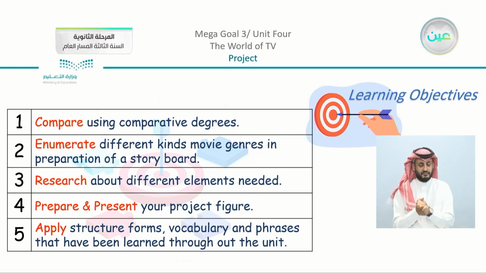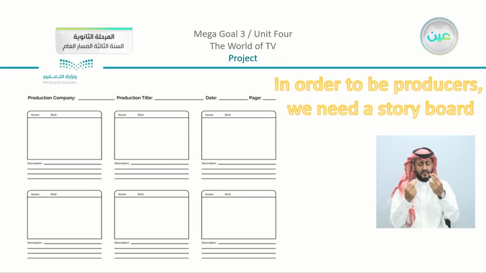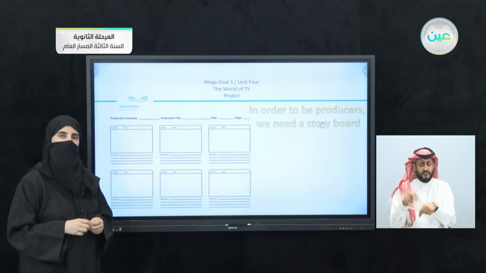Number 4, to prepare and present your project figure. And number 5, to apply structure, forms, vocabulary, and phrases that have been learned throughout the unit. So as usual, we are going to mix between everything that we have learned and put them in our idea.